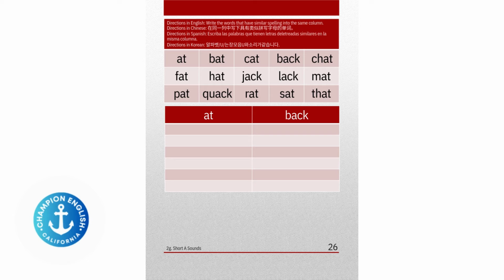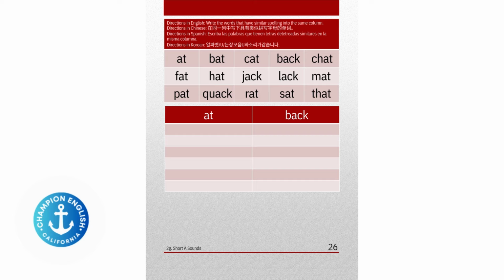Okay, students, time is up. Let's see what we have. We have "at." How about bat? Yes, bat goes into the first column, and then cat, first column, and then back is already there.